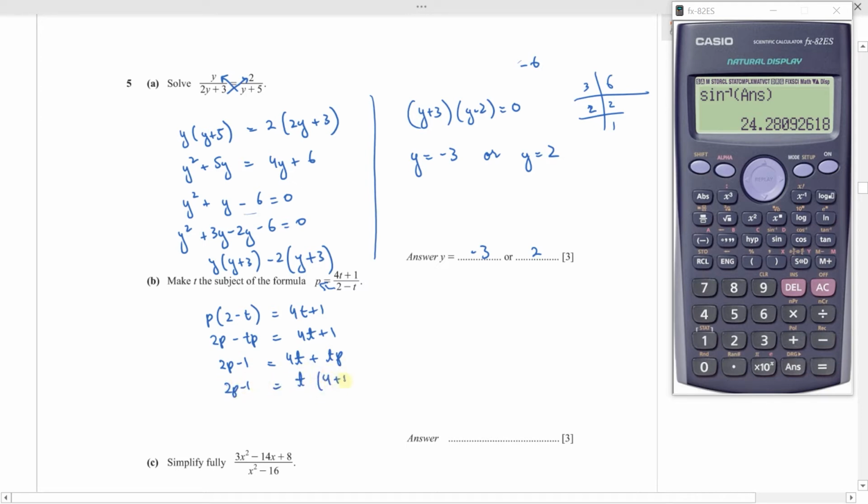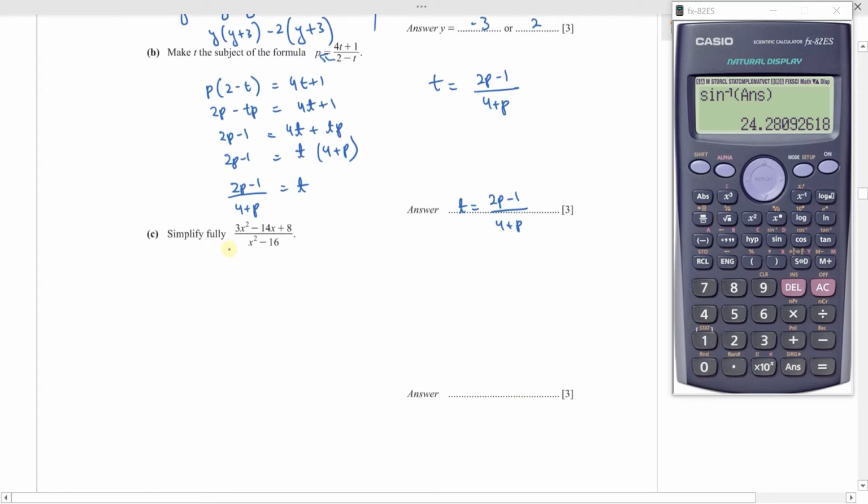So I'll have 4 plus p. And then if I bring this 4 plus p here, I'll have 2p minus 1 over 4 plus p equals to t. So then t equals to 2p minus 1 over 4 plus p.